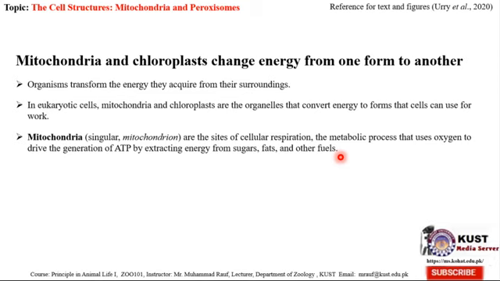If you recall the lectures from the 5th chapter of this course, we discussed aerobic cellular respiration in quite some detail. Aerobic cellular respiration is a process in which food is oxidized in the presence of oxygen and energy is released. This process is completed in 3 stages.